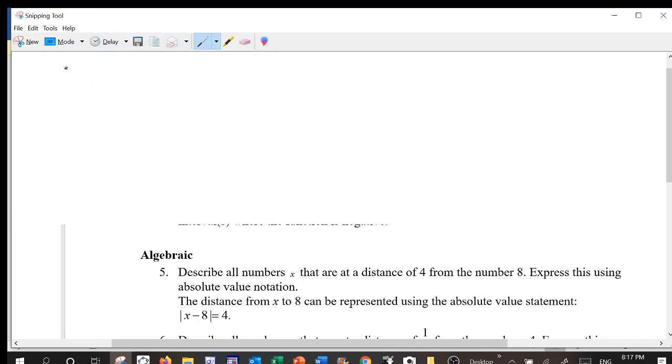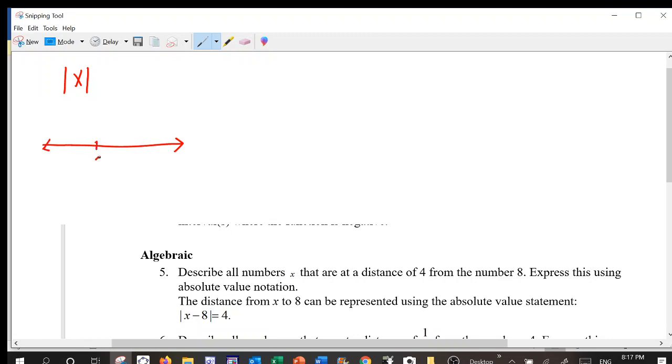So when we use this symbol, two little segments like that, that's of course absolute value in mathematics. An absolute value of a number means the distance from 0.